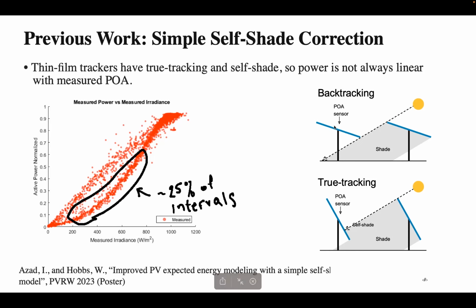But the POA sensor sees similar irradiance to what the modules see in the case of backtracking. But with true tracking, you have shade on the modules and generally not on the irradiance sensor. And so you can end up with this red scatter here of measured power as a function of irradiance. You see this large curved dip during periods where modules are shaded and sensors are not. And so we wanted to account for that.